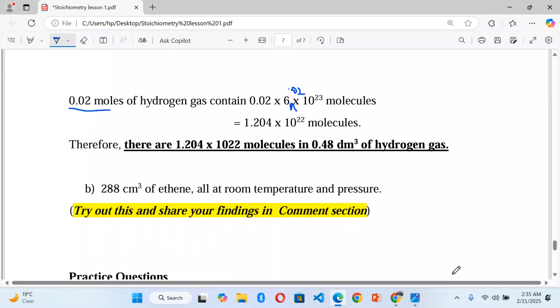Part B. Are you seeing part B? 288 cubic centimeters of ethene, all at room temperature and pressure. So they want you to calculate, if you check very well, the number of molecules in 288 cubic centimeters of ethene at room temperature and pressure.